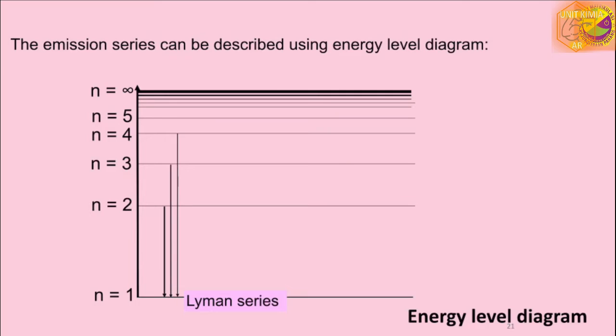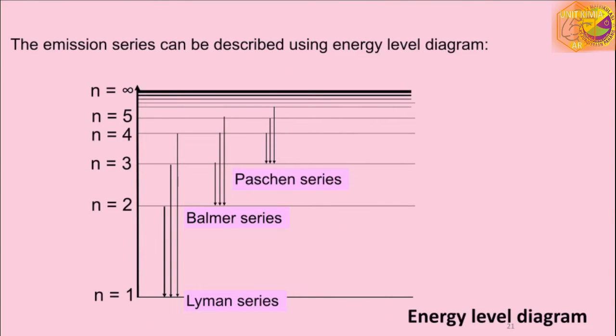So, the lines in Balmer series are formed when an electron at excited states falls back to n equal to 2. In Paschen series, the ground state is n equal to 3. So, the lines in Paschen series are formed when an electron at excited states falls back to n equal to 3.